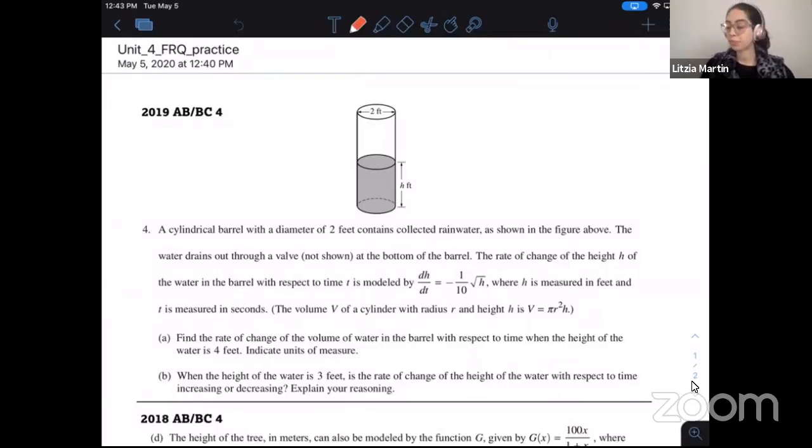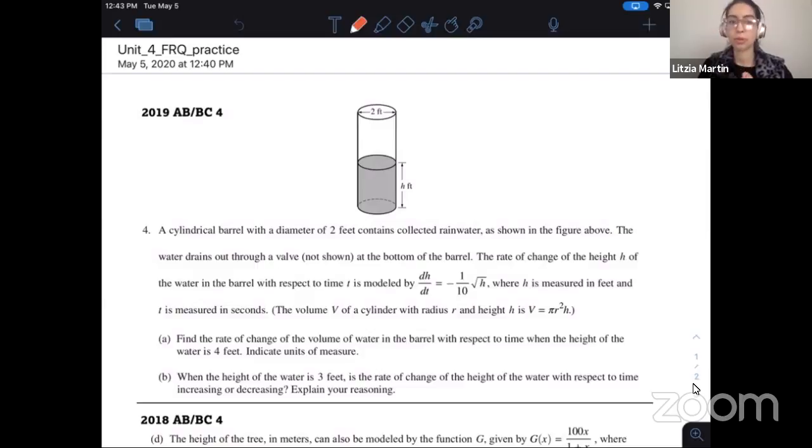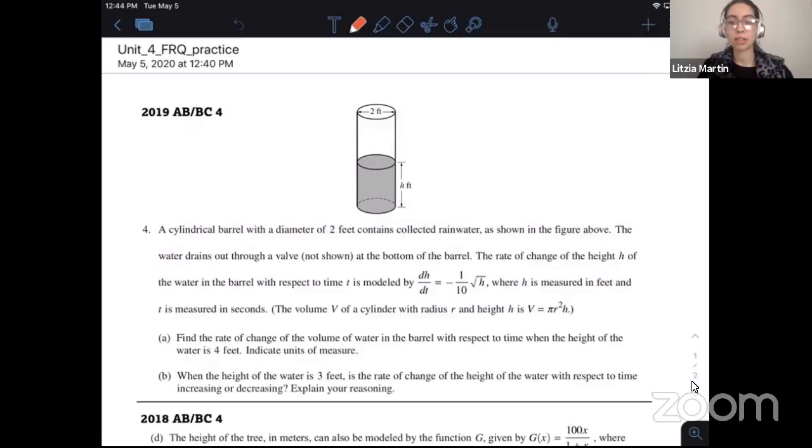So these are the problems that I'm assigning to you. I'm basing a lot of our review off of the College Board review sessions that they're posting on YouTube, because that is going to be the most accurate representation of what's going to be on the AP exam at this point, because of the new format and everything.